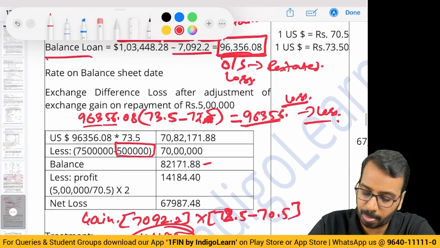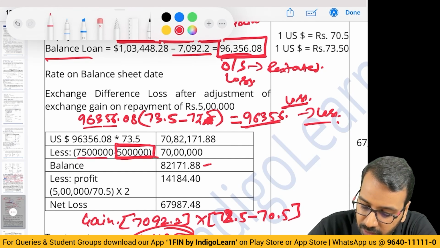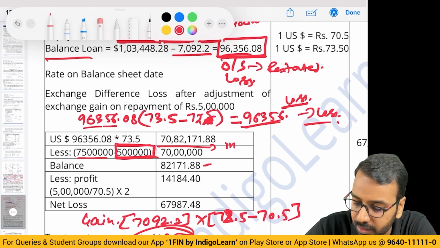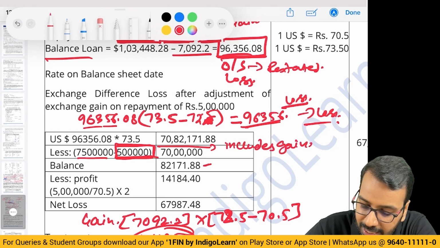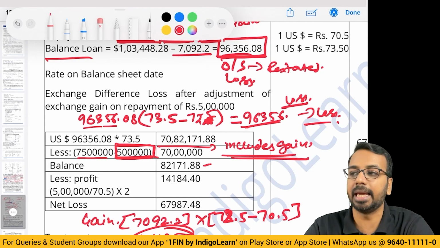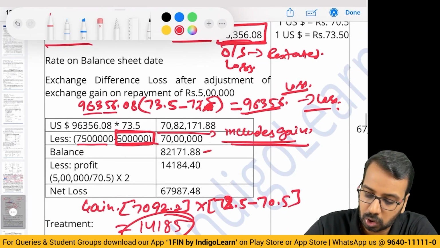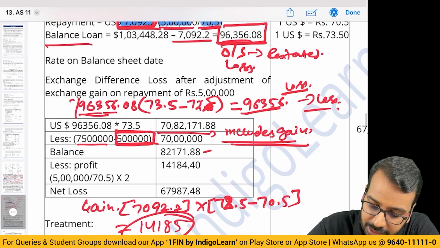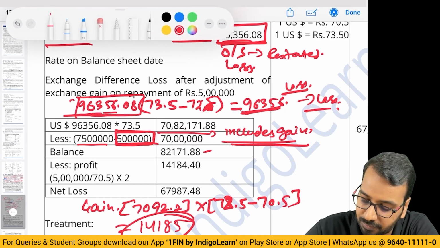Second thing is, here this is incorrectly done. This is as per the suggested answer, but this is incorrect because this 5 lakhs of repayment includes gain. We have to exclude that gain and do the accounting. So loss is 96,356.08, that is 96,356.